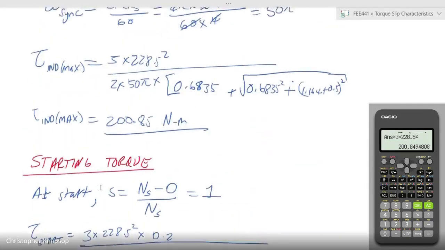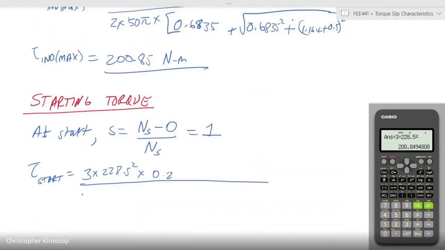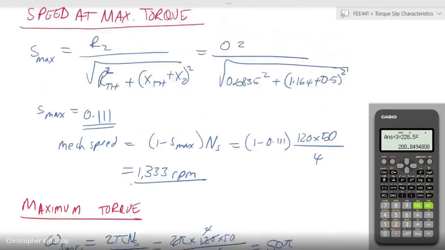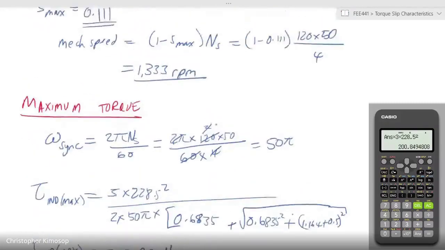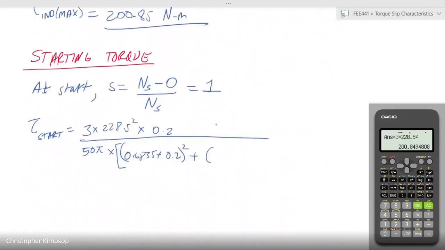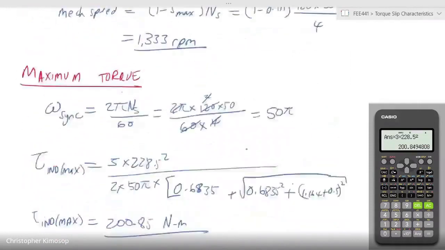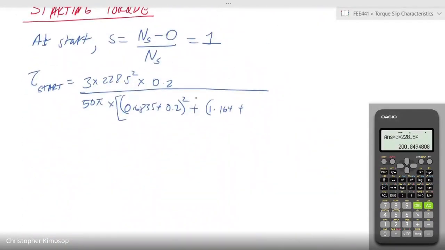Omega sync we had said is 50 pi, times R Thevenin 0.6835 plus R2, which was 0.2, squared, plus X Thevenin, which was 1.164, plus X2, 0.5, squared. Okay, so we calculate all of those.